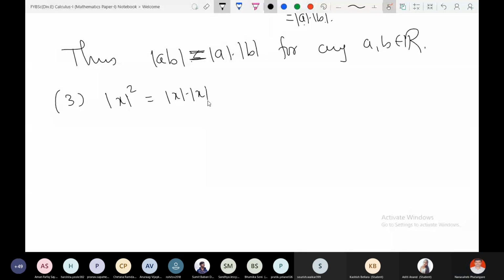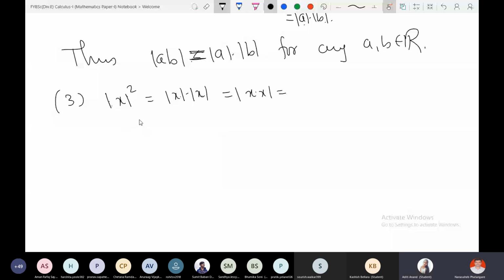But by the fourth part, what is it? Absolute value of x into x, right? Am I right? This is correct.